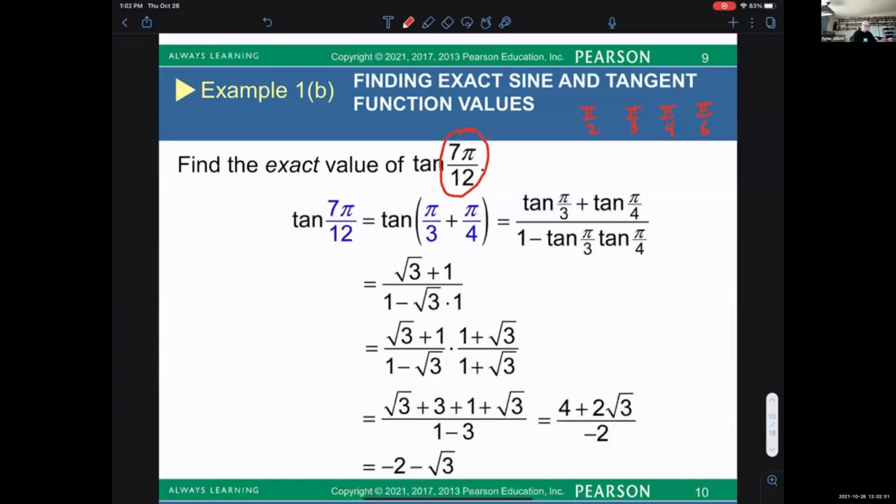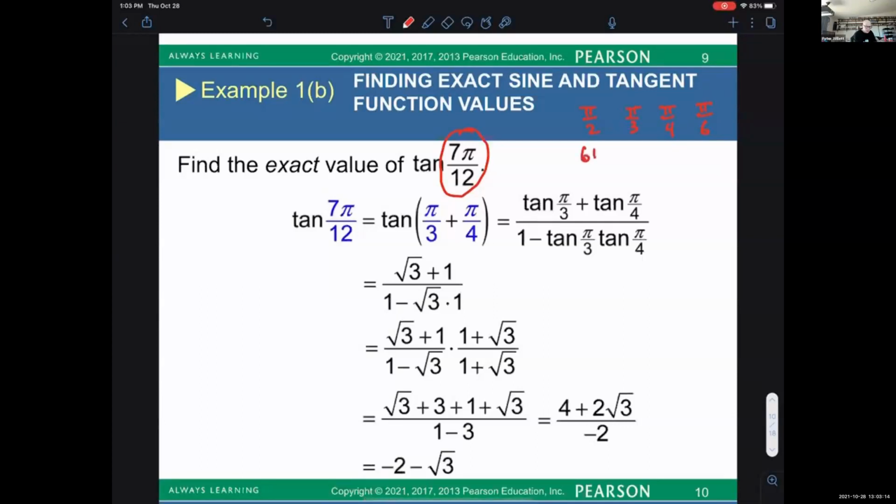And then what you want to do to see, well, how could I end up with 7 pi over 12, since that's a different denominator, is you convert all the friendly angles we know into the same denominator as the fraction you want to end up with. In this case, to make them all have a denominator of 12. So for pi over 2, I'd multiply the top and the bottom by 6.